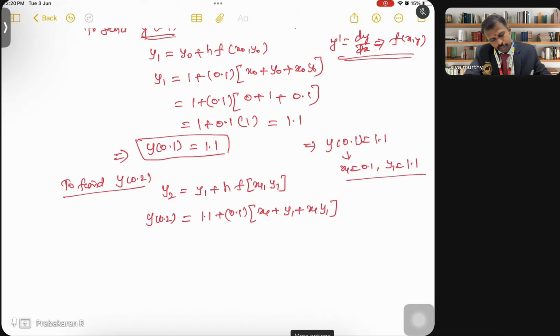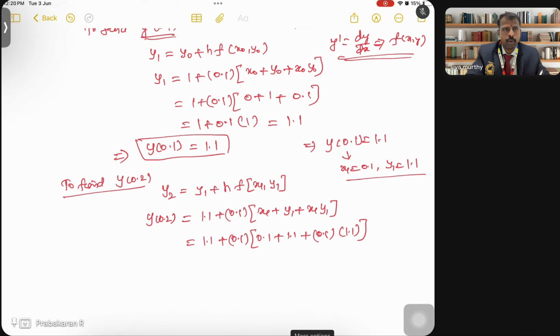So therefore 1.1 plus 0.1 into the value of x1, 0.1, plus the y1 value 1.1 plus 0.1 into 1.1. Close the bracket, then use the scientific calculator. Adding this we get the answer. Not only for addition, here we use multiplication also, because 1.1 is there before plus 0.1 into the remaining values. First of all you have to add and multiply, then we get the answer, right?